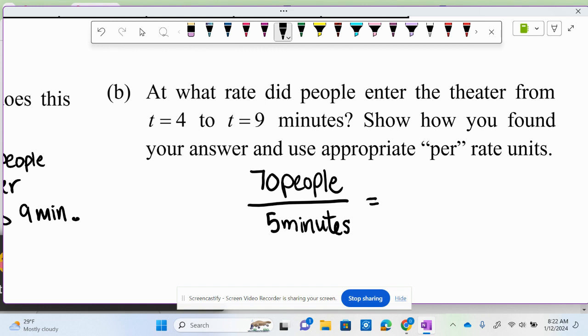Yeah, what is 70 divided by 5? Yeah, good job. So that means that there's 14 people per minute. That's the average rate of change during that time interval. 14 people per minute.